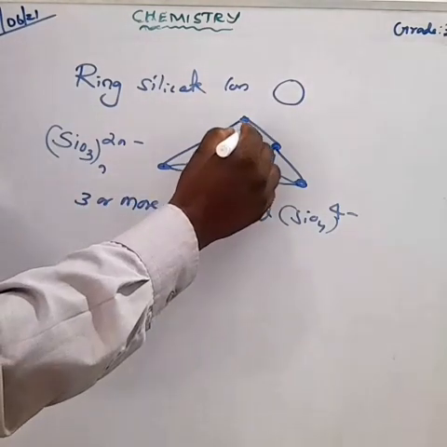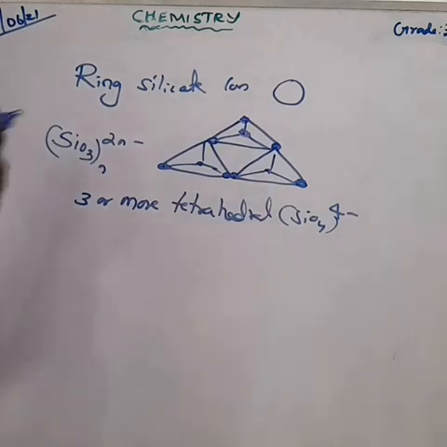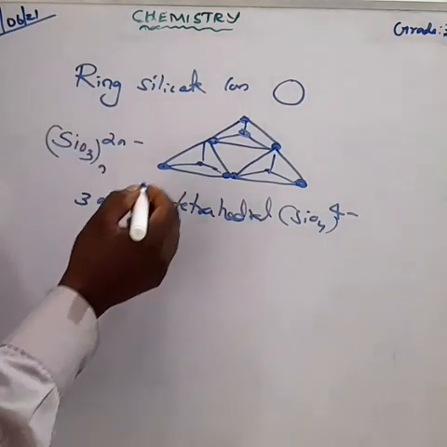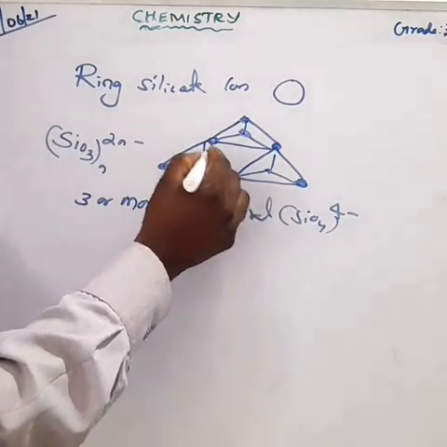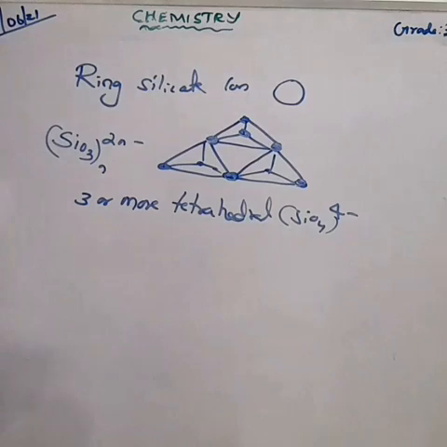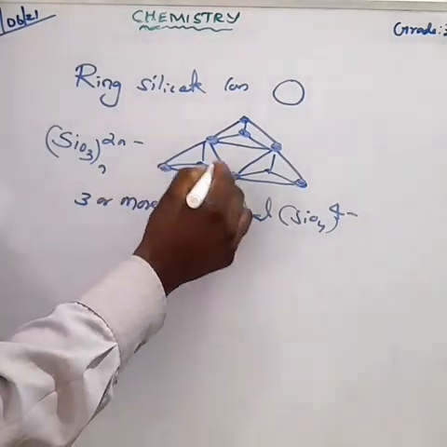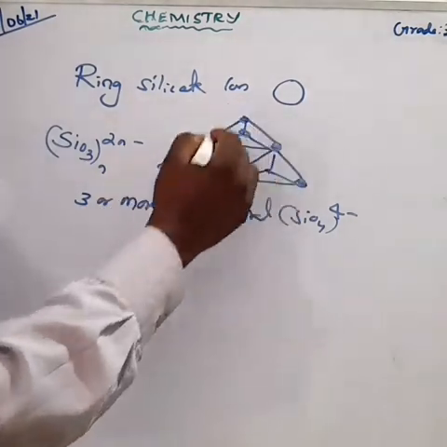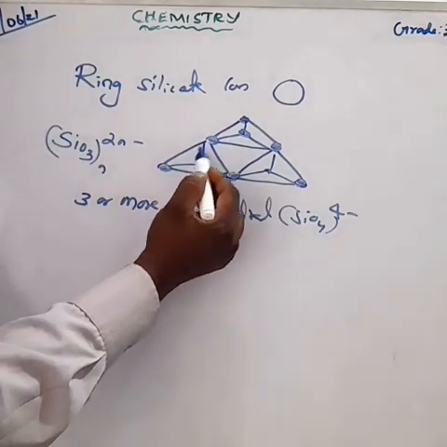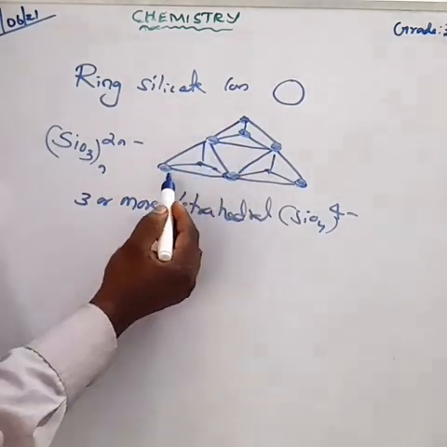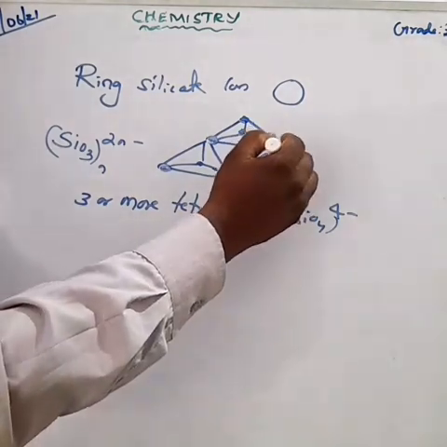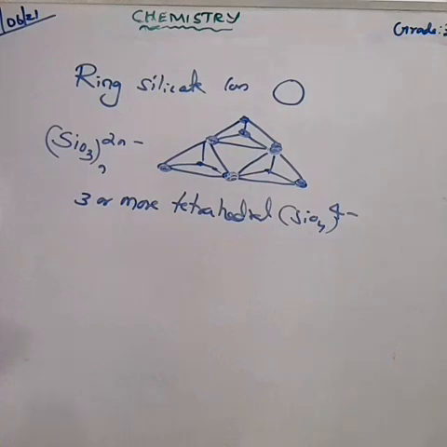One of the important points here is that each silicate unit shares 2 of its oxygen atoms with other units. Okay, one of the examples we are taking is beryl.